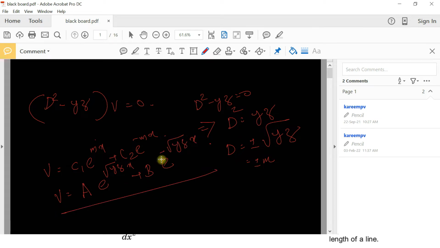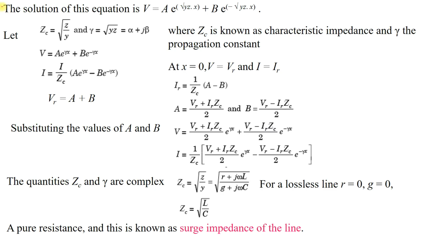This is the solution for the differential equation (D squared minus YZ) of V equal to 0. That is, V equals A e to the power root of YZ x plus B e raised to minus root of YZ x.